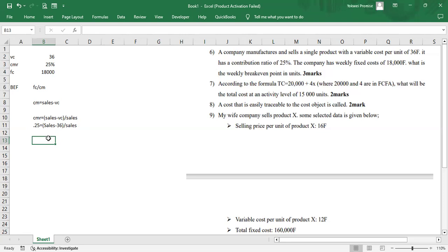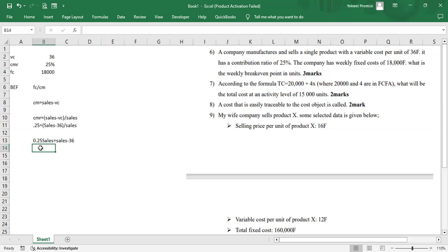Please be writing it down so that it is very visible. So 0.25 S is equal to sales minus 36.